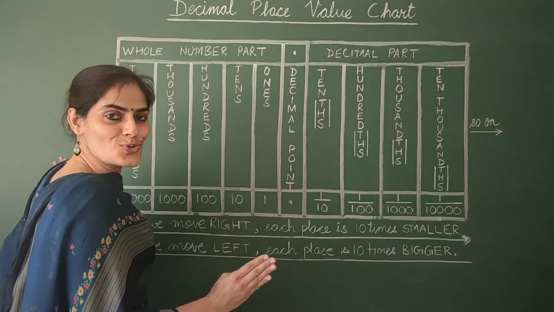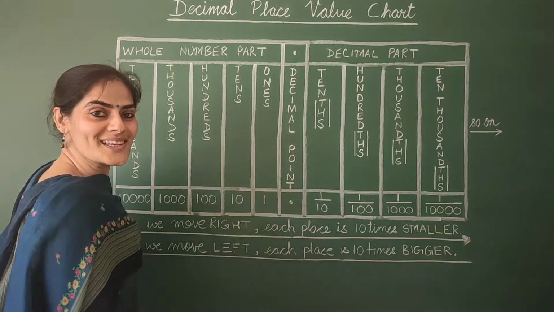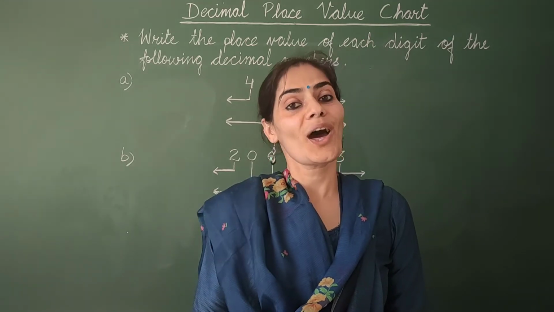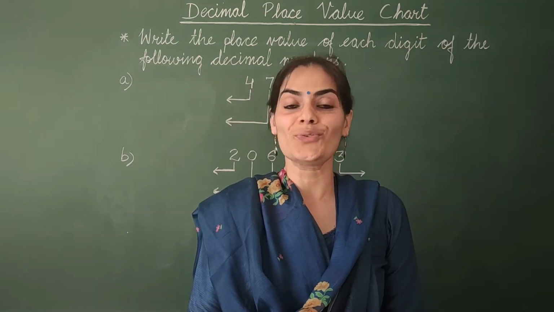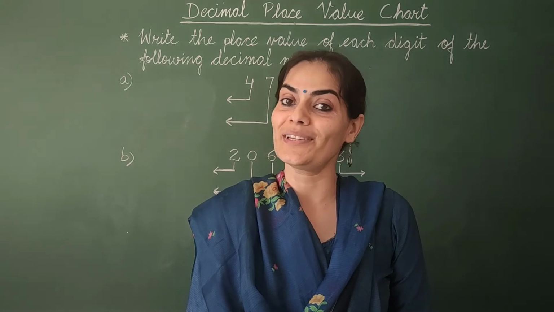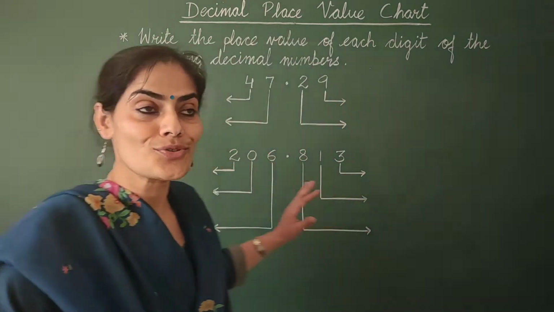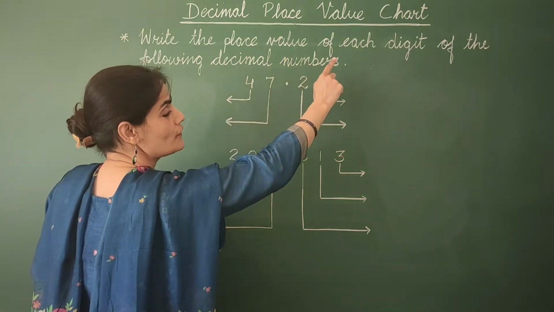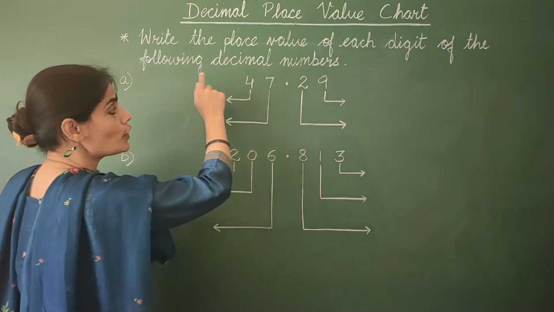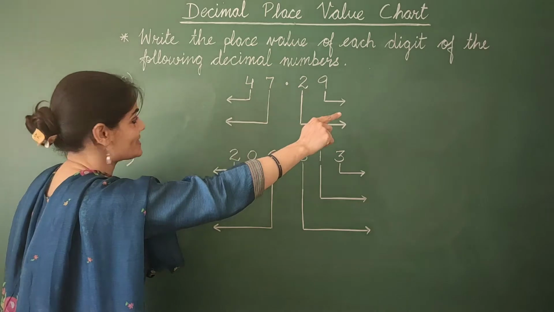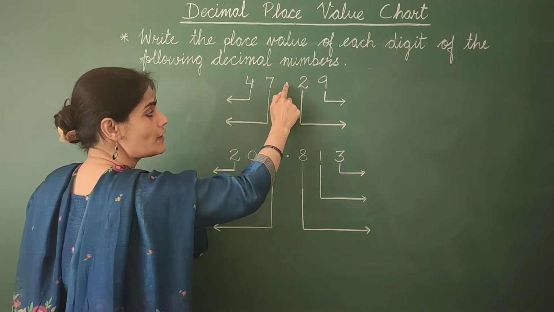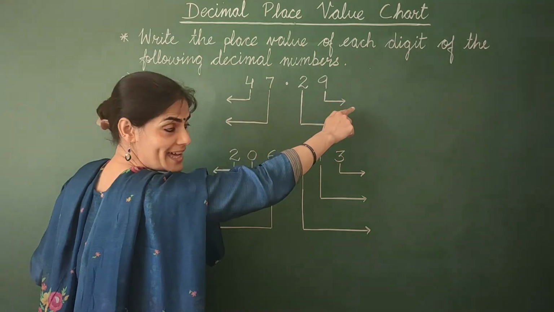So let's do some practice based on this concept. Friends, now we are learning how to write the place value of digits of a decimal number. So let's go through the question. Write the place value of each digit of the following decimal numbers. The first decimal number is 47.29.